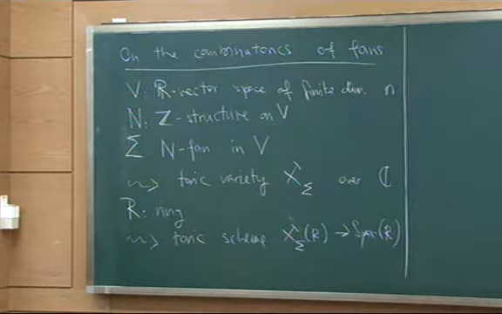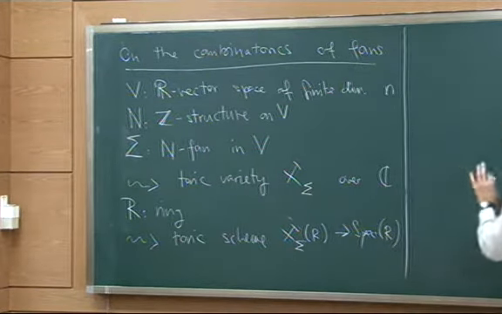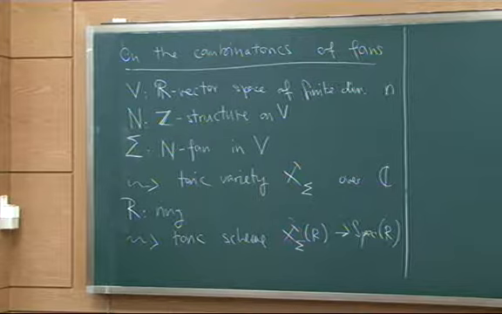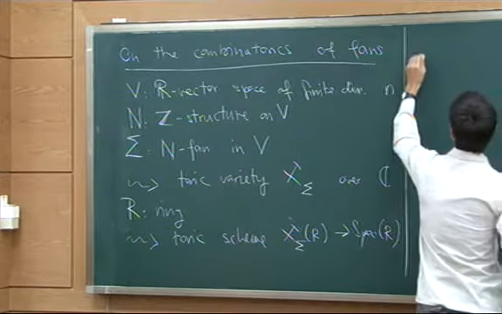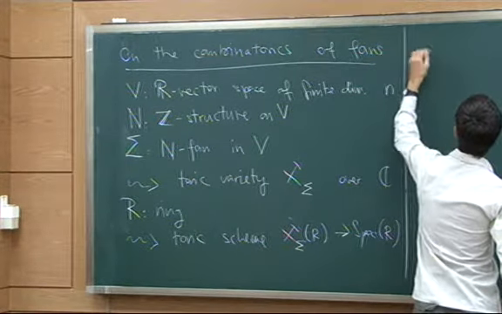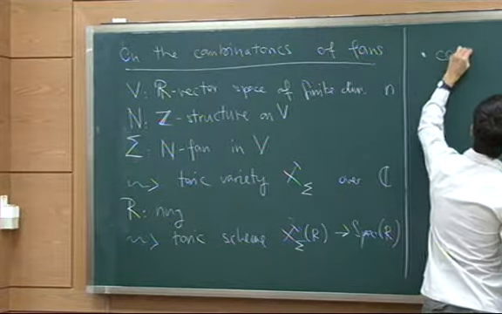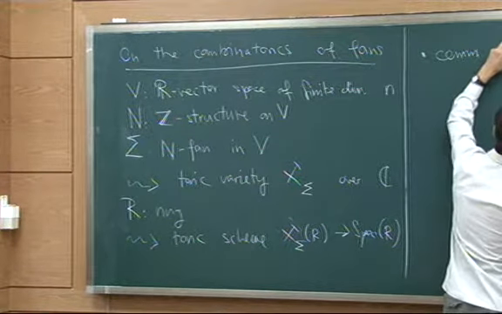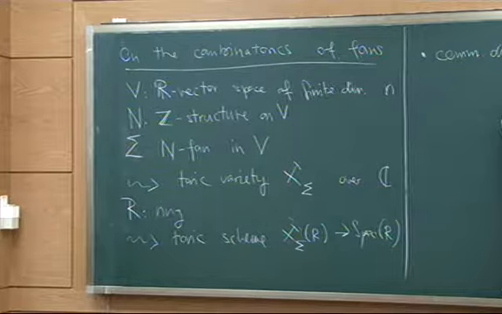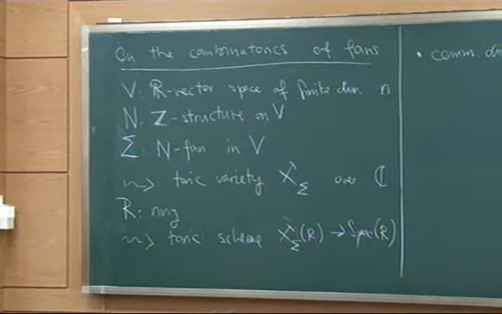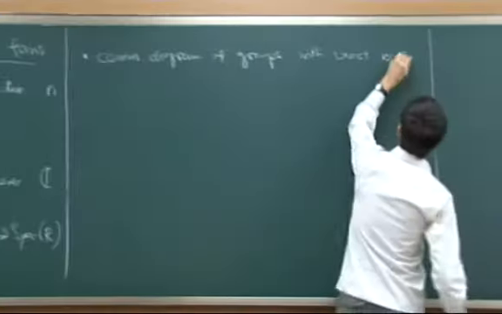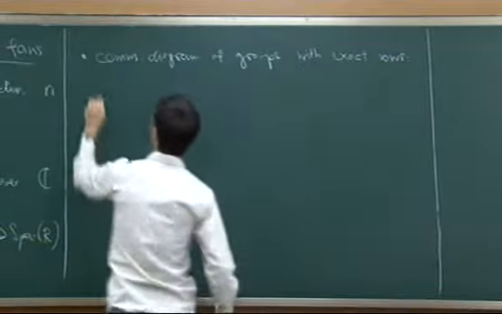So let me say what I mean by this term, the combinatorics of fans. This consists of mainly two things. The first is a commutative diagram of groups with exact rows as follows.